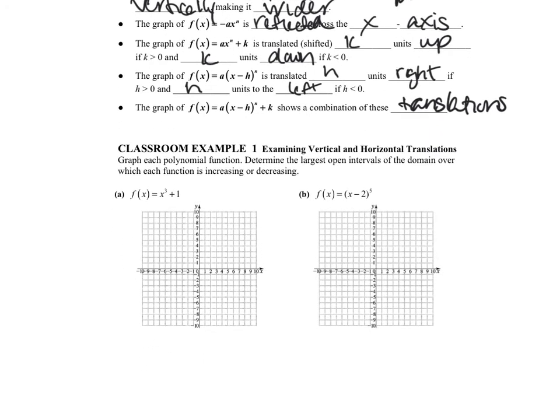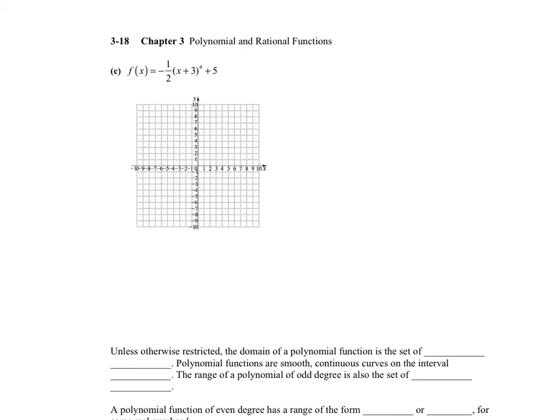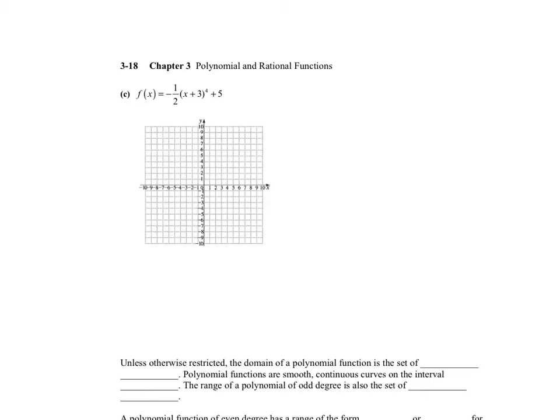So look, +1 means that this would go up 1. So you would just go up 1 and it's going to be like a cubic function. This one is still an odd function, so it's going to go left or right 2. So this one's an even function, so it's still a u.